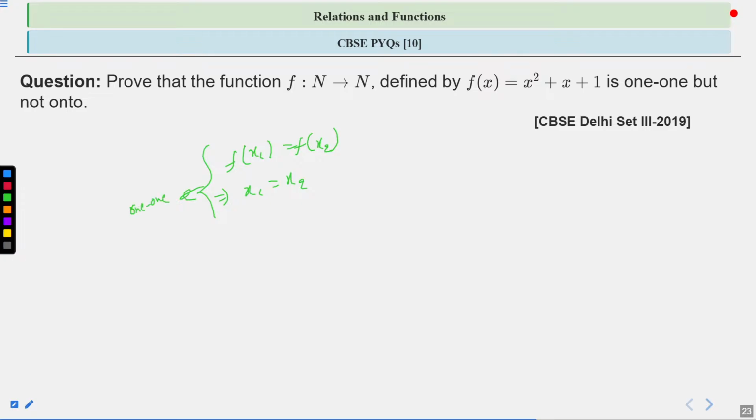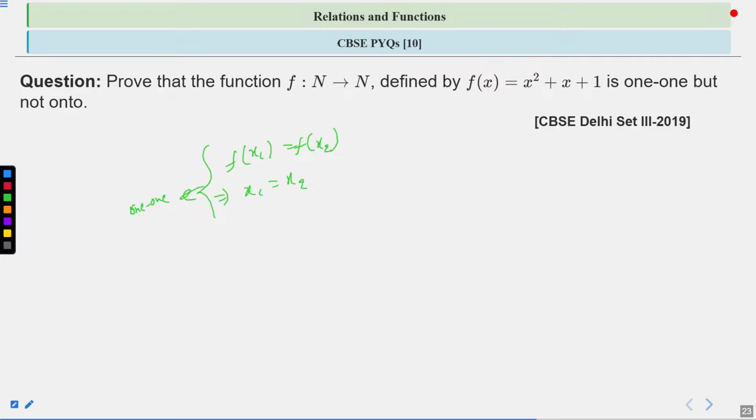And for an onto function, the codomain should be equal to the range. That is, for every x in the domain, there must be a natural number in the codomain, and the codomain should be equal to the range.